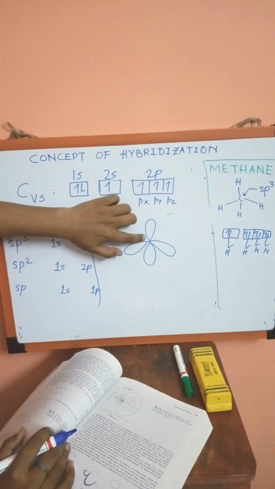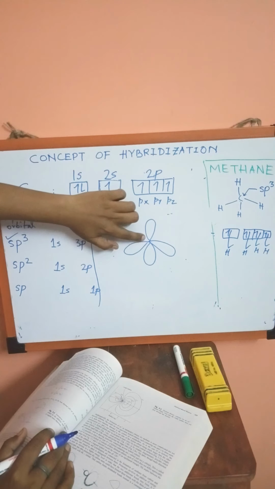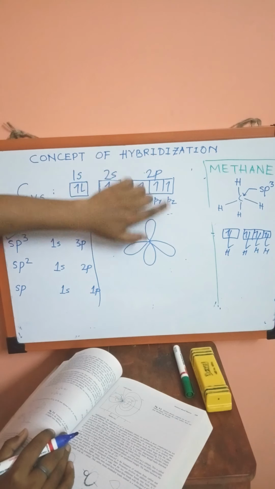Considering this, it is difficult to draw a tetrahedron because it is a two-dimensional board.